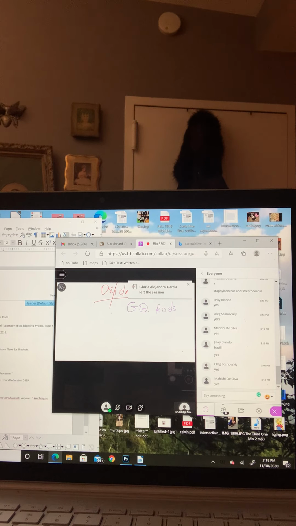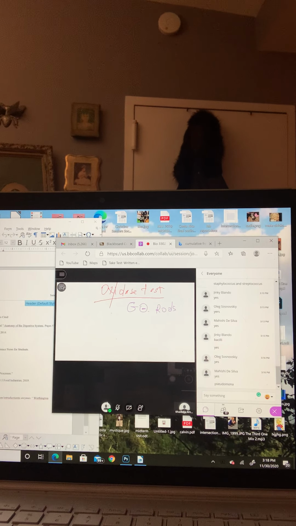Yes, please. That makes green pigments. What is the name of this microorganism? Yes, the Pseudomonas, good. The Pseudomonas aeruginosa.